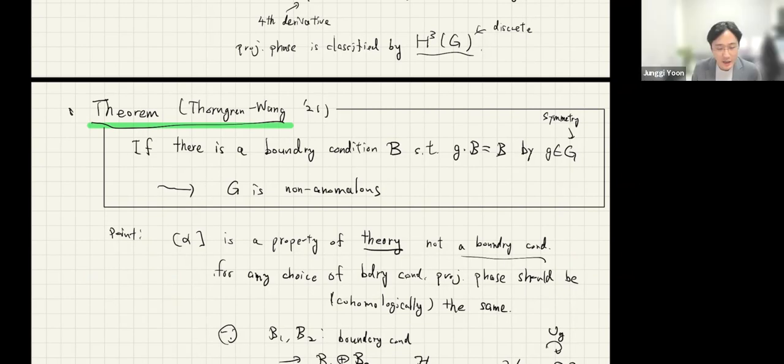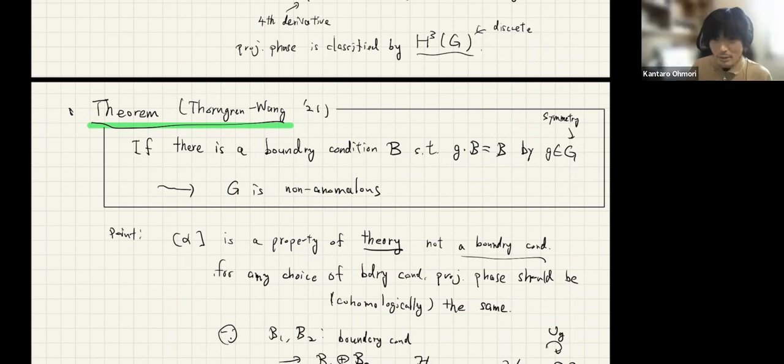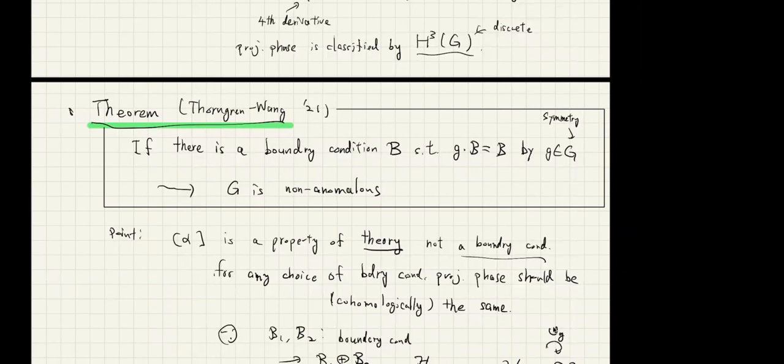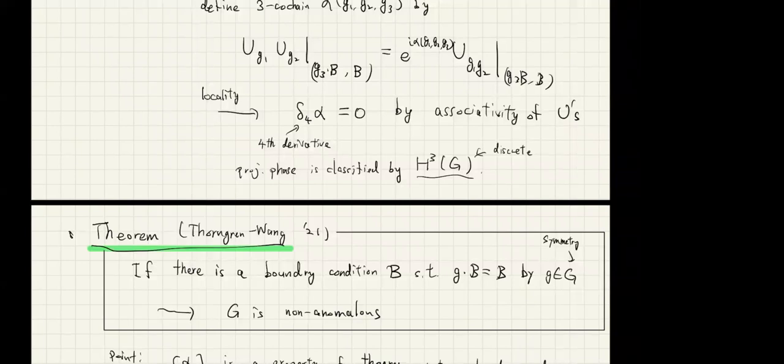And are there other questions? May I ask a question? Please. So yeah, first of all, thank you very much for these very nice lectures, which were very enjoyable. I have a question about this classification by third cohomology of a group. Naively speaking, this third cohomology is going to classify the violation of associativity, right?